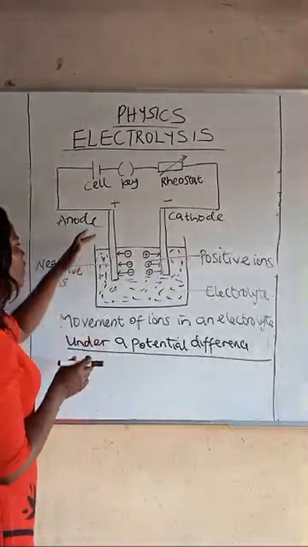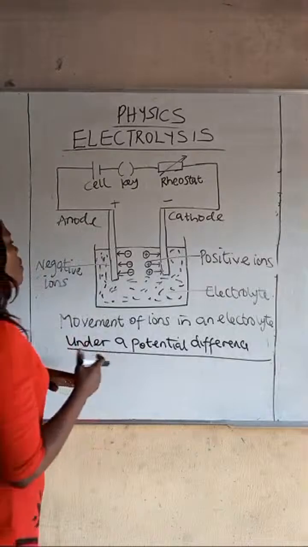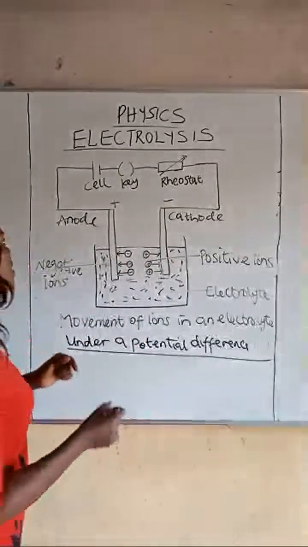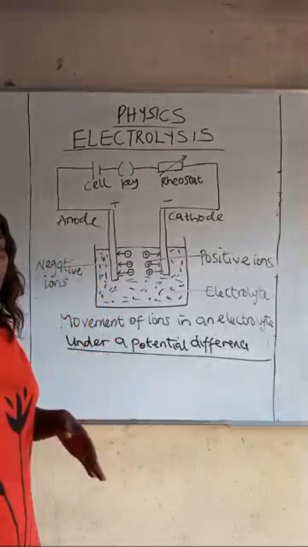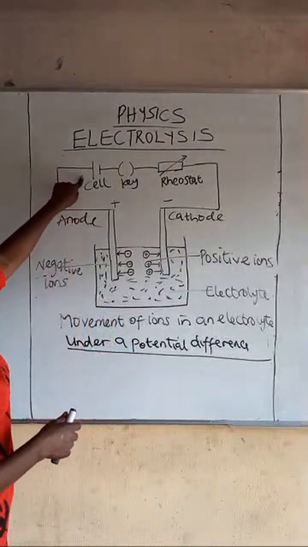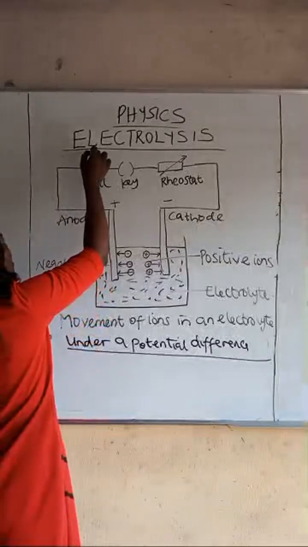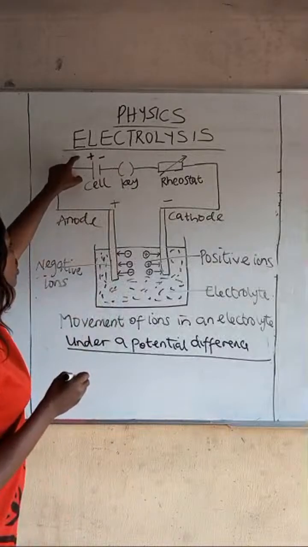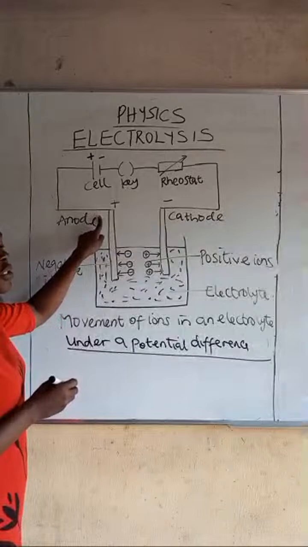Now we have anode, and anode is a positive electrode. We have cathode, and cathode is a negative electrode. Now, how does this dissociation of ions occur? That is what I want to explain. This is a cell, and a cell is a battery. Now, this is what? Positive and what? Negative. This is positive, so it will be connected to the positive end of the anode.